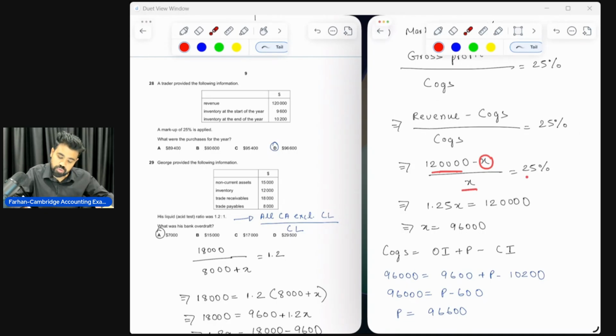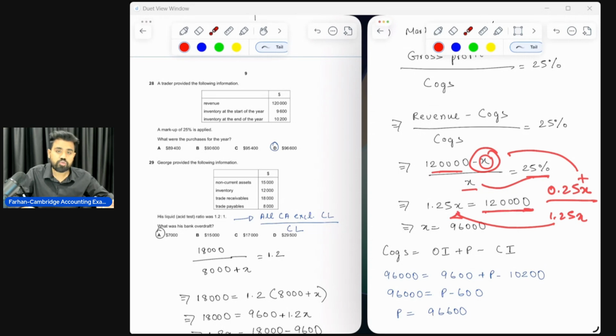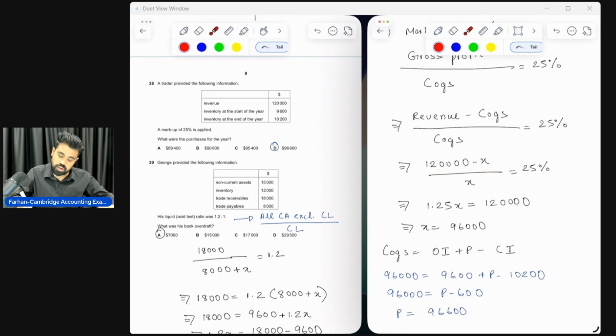That equals 25% as the markup. So 25% multiplied by X gives us 0.25X, to which we add this X that makes it altogether 1.25X. That must equal $120,000. So X is therefore 120,000 divided by 1.25, which is 96,000.